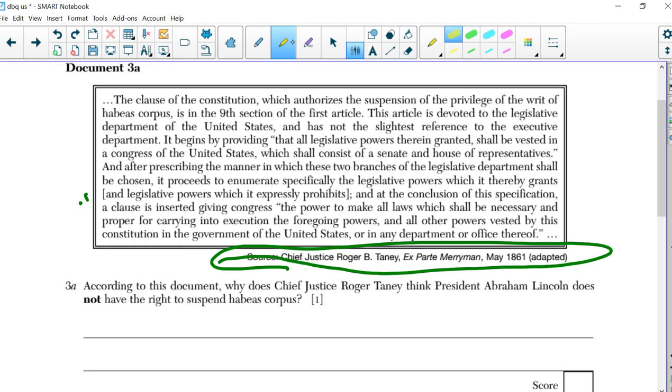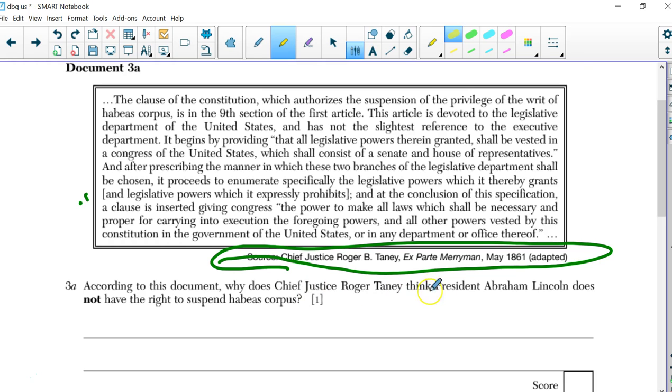So an argument where they don't think that the president has the right to suspend the writ of habeas corpus. You could use these as your essay. This could be half of your essay. We've already done it. All you need to do is explain what was going on, and you already know what's going on. Abraham Lincoln, slavery, Civil War, right? Mention those things, you're going to get full points. Okay, so let's look at this.